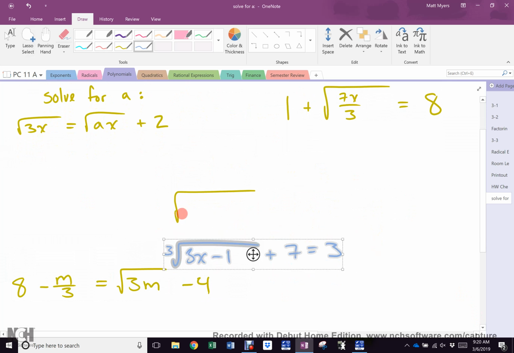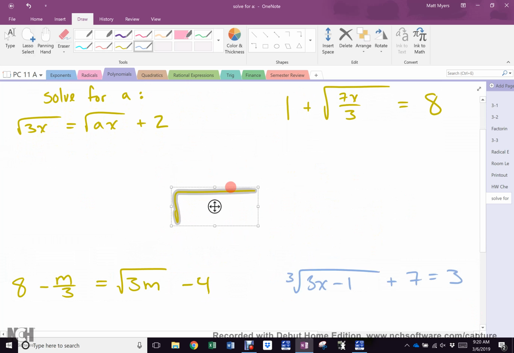Oh no, I left the radical sign. Have no fear. Whew! Those are toughies. Pretty crazy. Those are toughies.